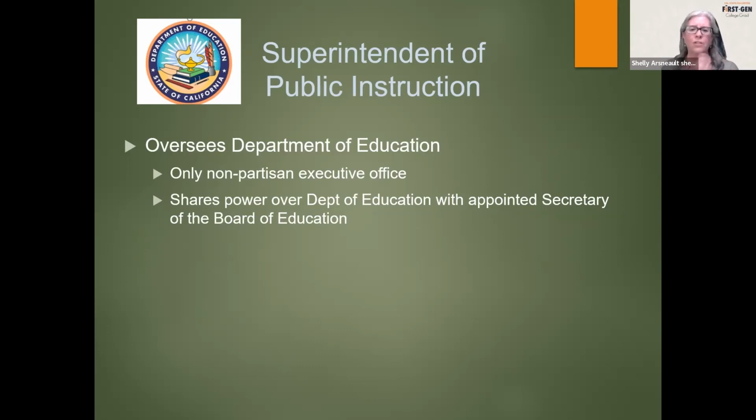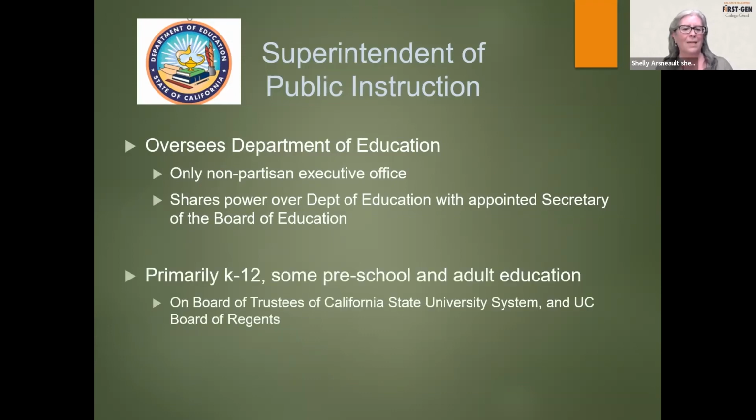The State Board of Education itself has more limited responsibilities that are a little bit more specific to teachers, it seems, where the Superintendent of Public Instruction is a little bit more broad, but it's a bit of an odd position, and not entirely sure why we have it designed this way.